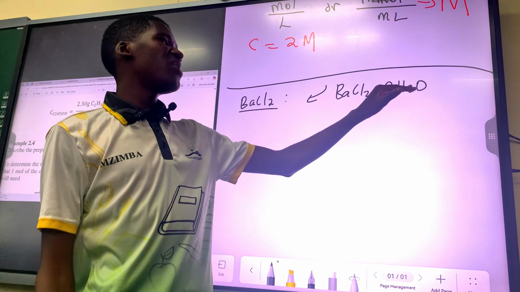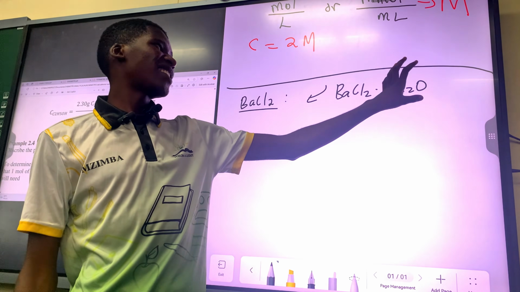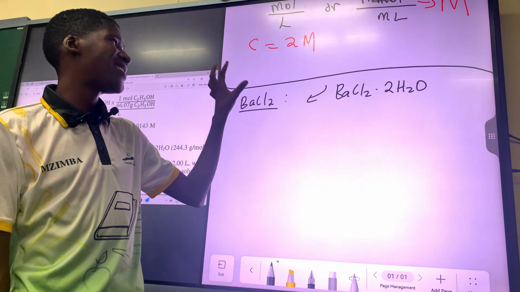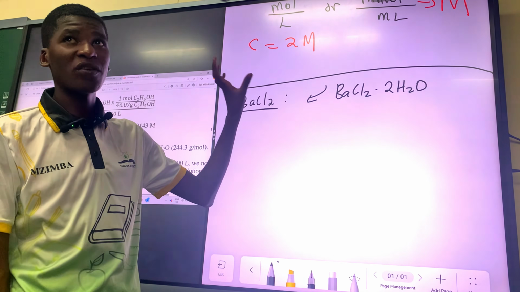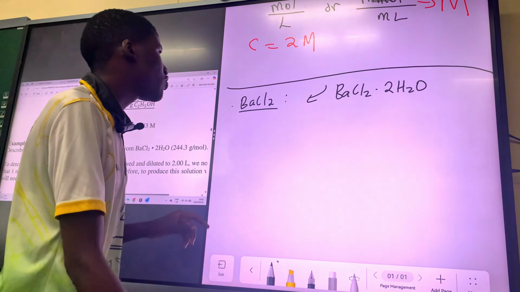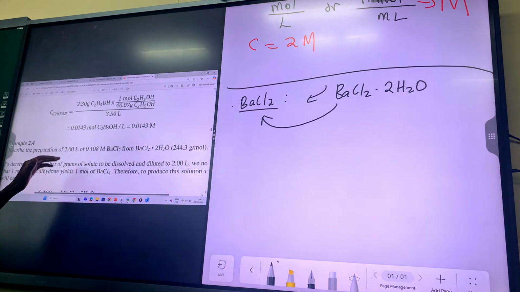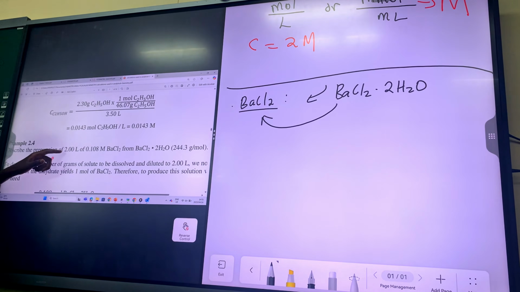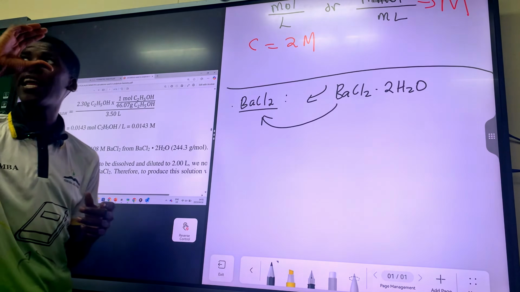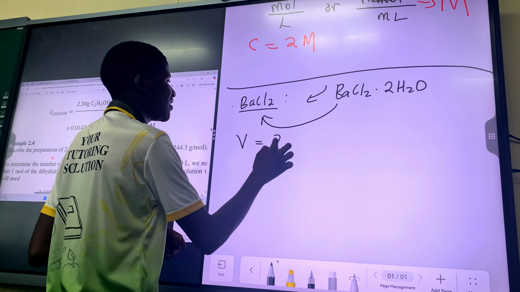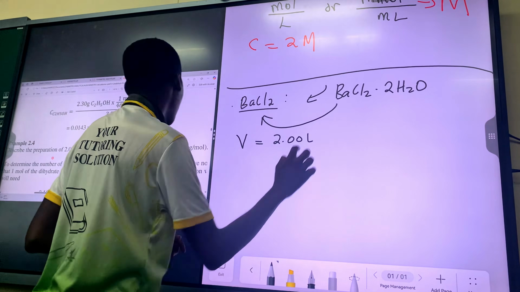When a compound is a hydrate, it just means there are water molecules in the structure. And anhydrous means it doesn't have water molecules. So we are trying to prepare barium chloride from this, in such a way that it will have a volume of 2 liters.